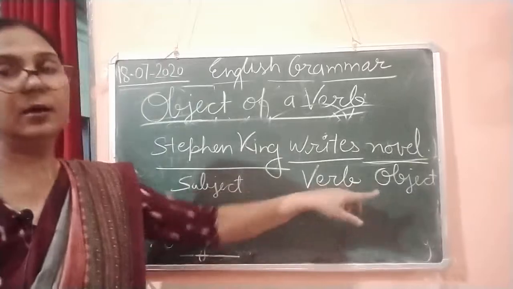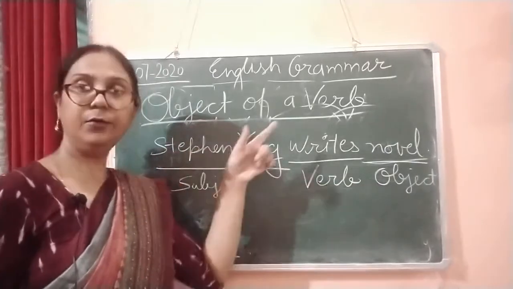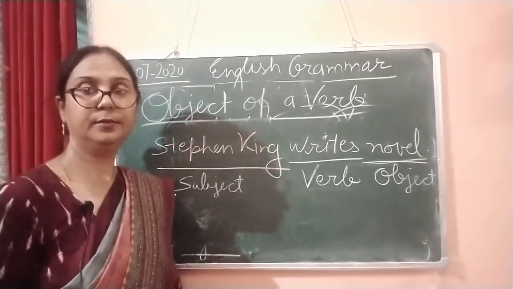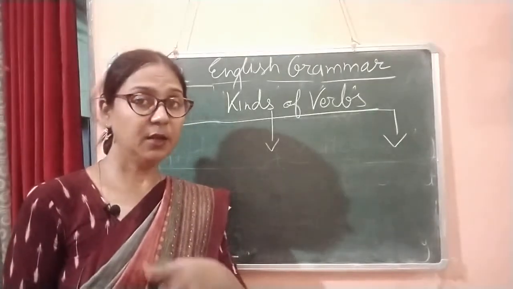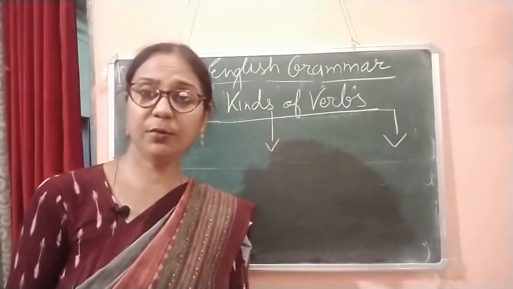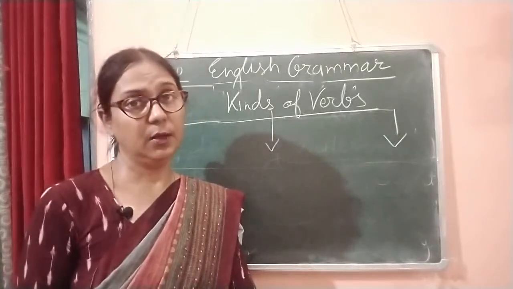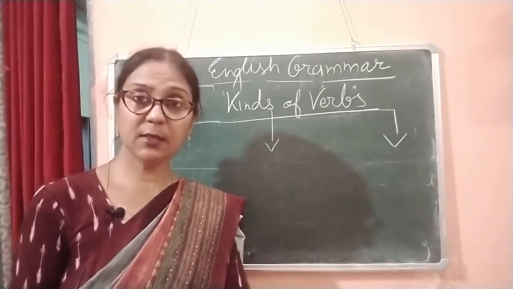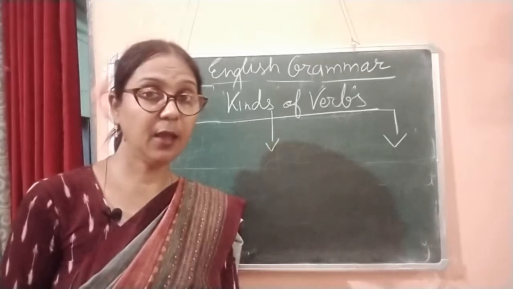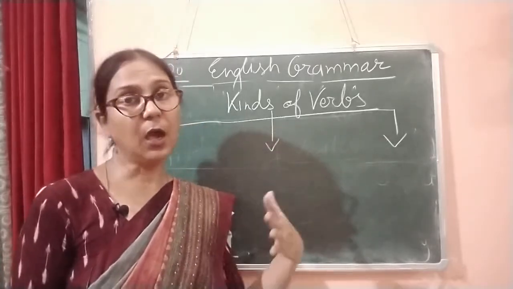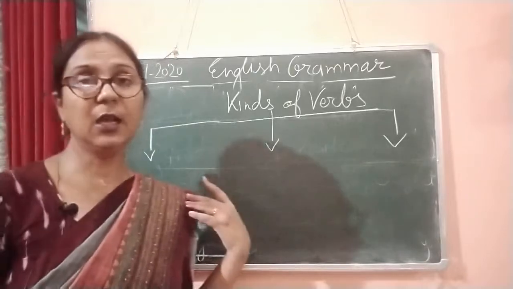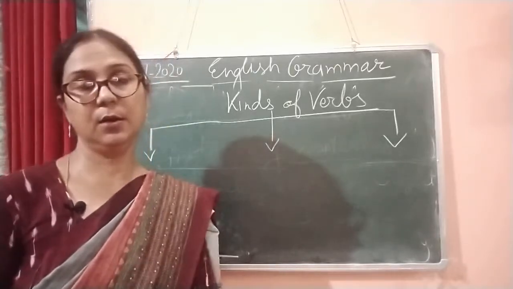So novel here is the object of a verb. So children, after reading the definition of verb, after solving exercise A, and object of a verb, we are moving forward to the kinds of verb.